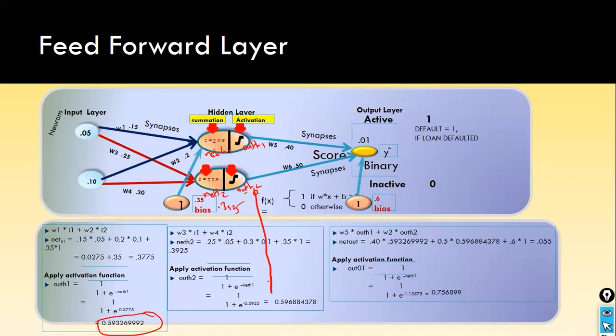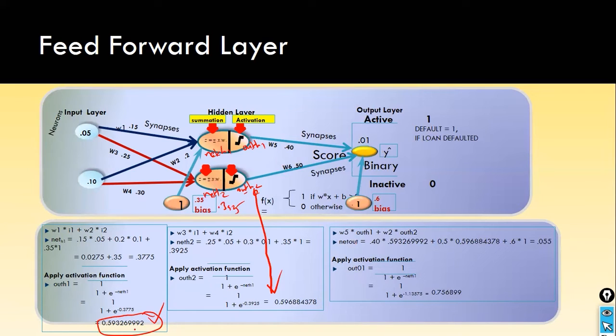Okay, I don't want to clutter here. So this is the one. Out H1 is this value. The next thing that happens is this value into 0.40 from here. For the output layer, the input is out H1 into W5.